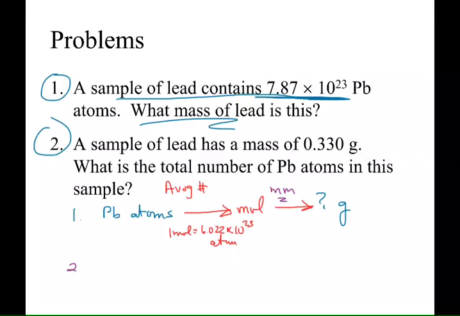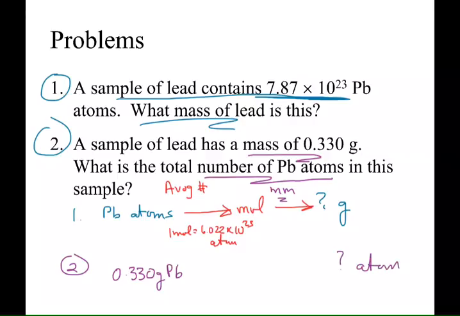The second one, a sample of lead has a mass of 0.330 grams of Pb, and it asks what is the total number of atoms, question mark atoms. Well, can we go from grams to moles of lead? Yep.